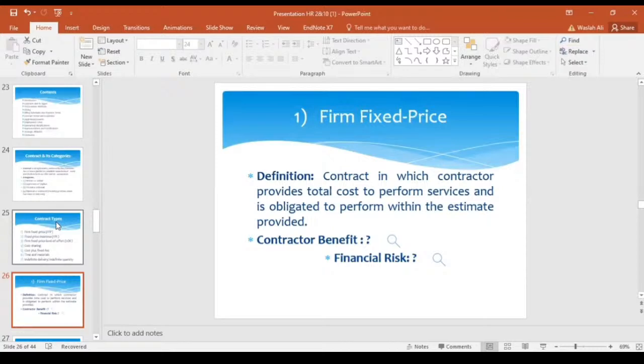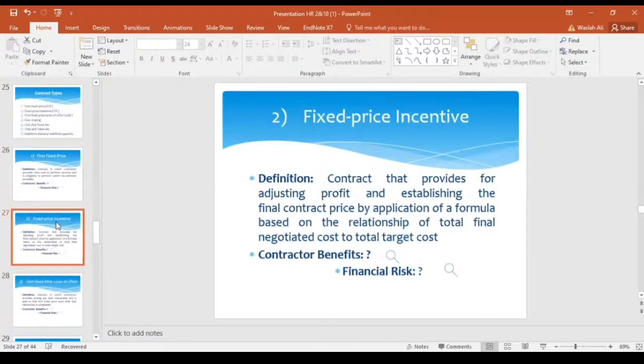Now moving toward the second type of contract, fixed price incentive. This contract provides for adjusting profit and establishing the final contract price by application of a formula based on the relationship of total final negotiated cost to total target.